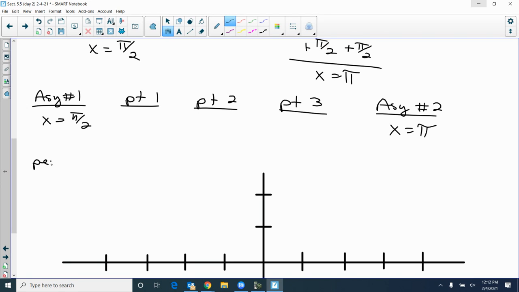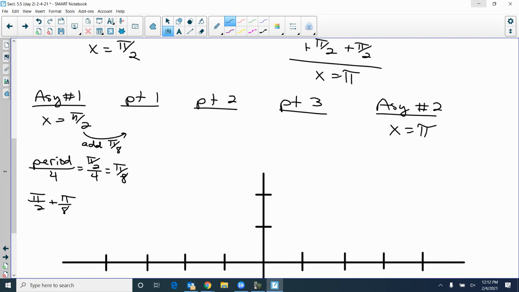So period divided by 4 is pi over 2 divided by 4, which is pi over 8. And that's what we're going to add. So you're going to add pi over 8. And what is pi over 2 plus pi over 8?